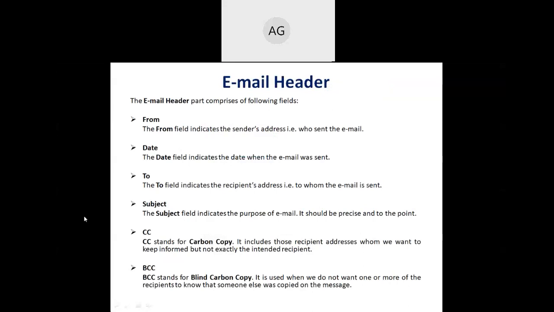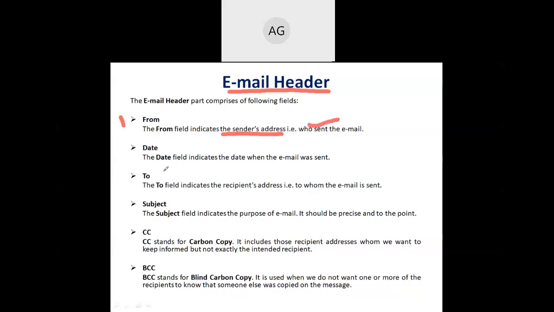The first component of email is the email header. The email header comprises the following fields. The first part is From. The From field indicates the sender's address, that is, who sends the email.